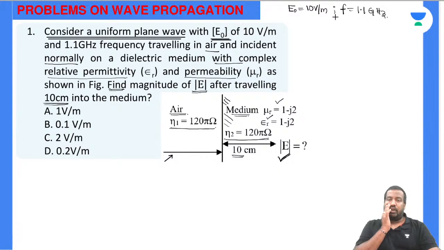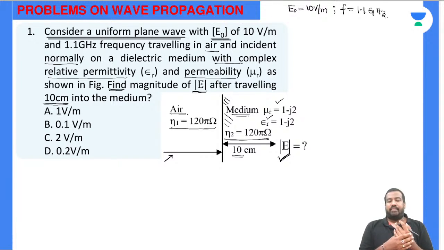E naught is given 10 volt per meter, frequency is given as 1.1 gigahertz, eta 1 is 120 pi ohm, eta 2 is also 120 pi ohm. First someone tell me why eta 2 is 120 pi ohm. Think on this. For free space it must be 120 pi.